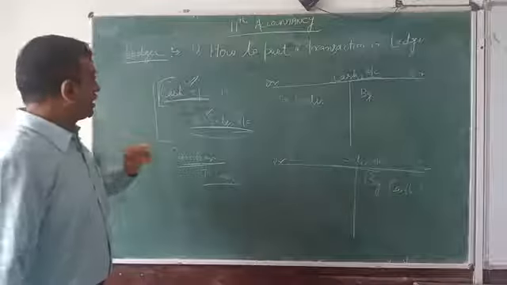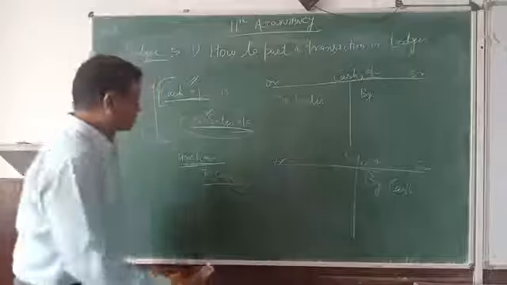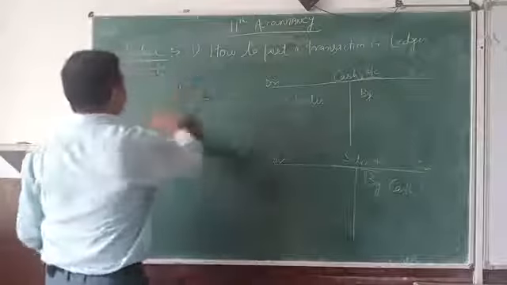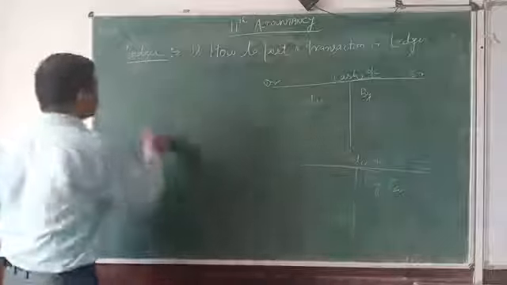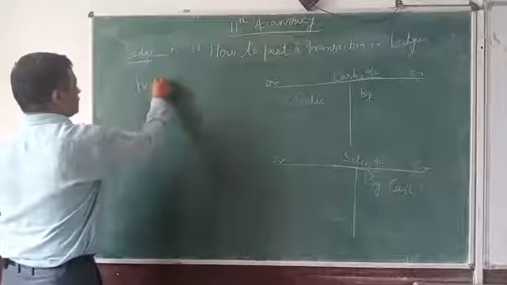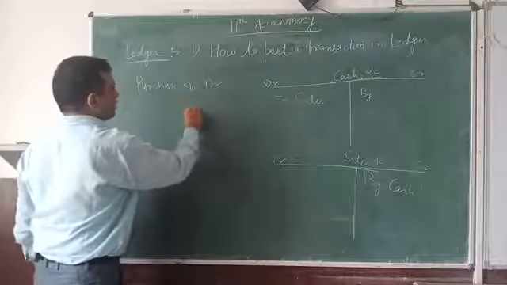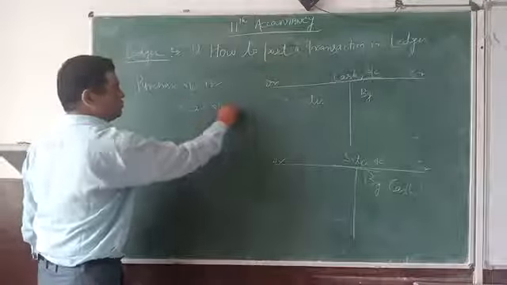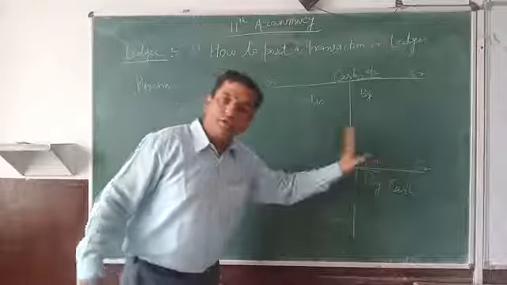Whenever you see any transaction, first check how many accounts are involved in that journal. Like I am saying, purchase account debit to cash account. The cash account I have already prepared, no need to repeat that.